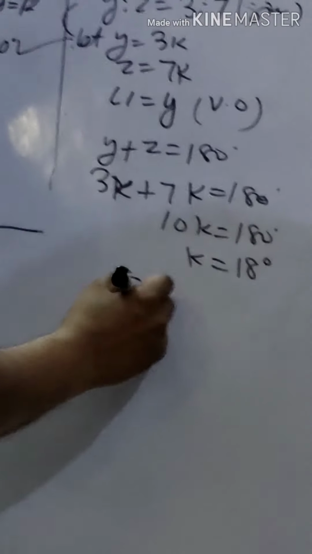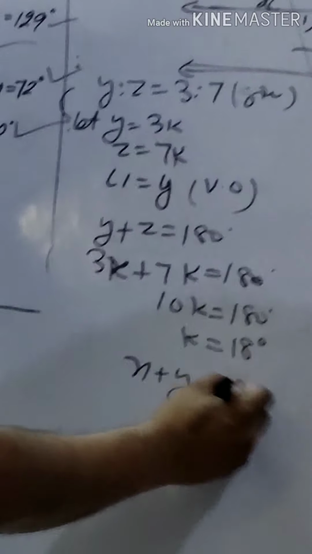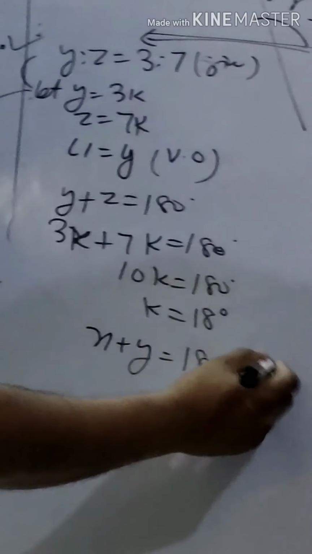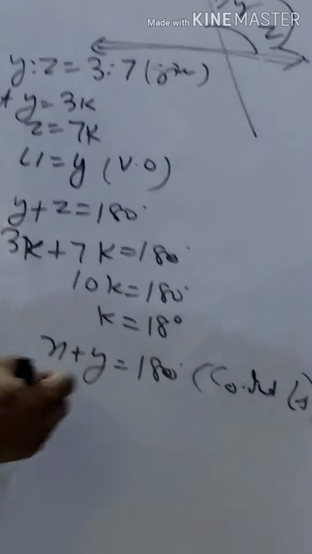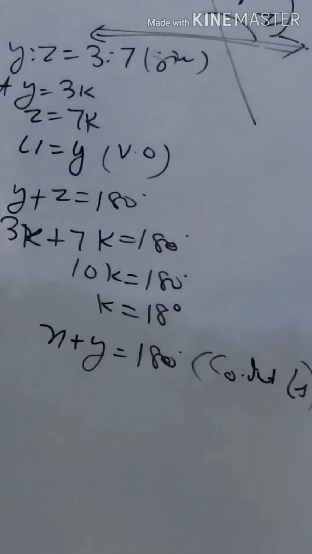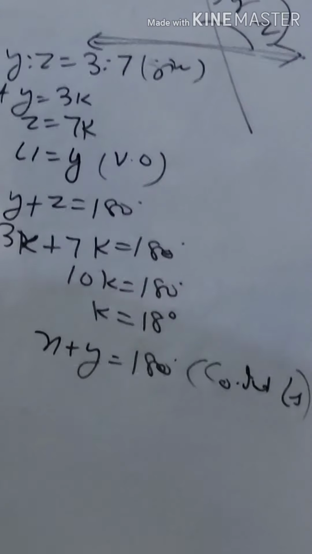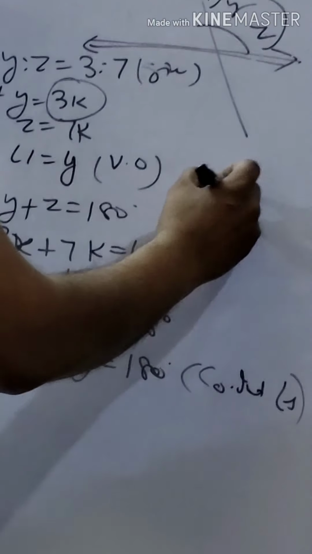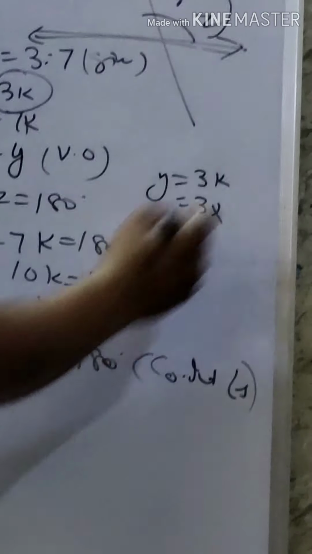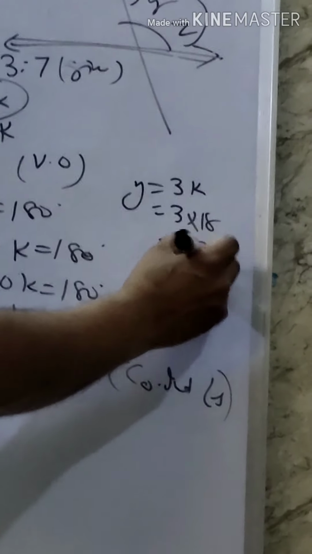Clear this? Now same here, apply the same here. x plus y is equal to 180 degrees. What is the reason? The reason is co-interior angles. But you see the y value is 3k, 3 into k is 18, that is 54.